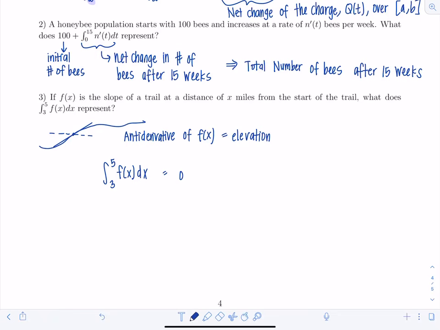That would be your overall change in elevation from 3 to 5 miles. Okay, good. So you could see this has a lot of applications in physics and other fields.